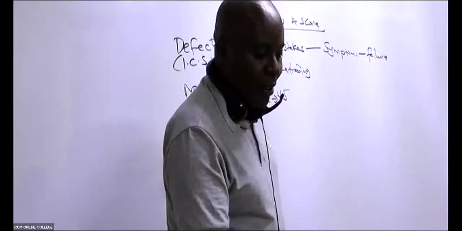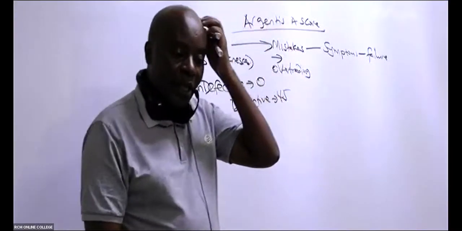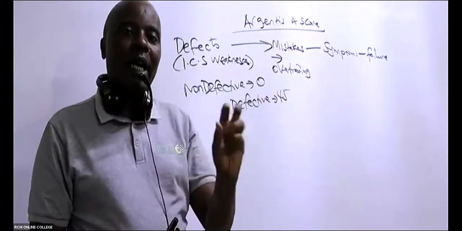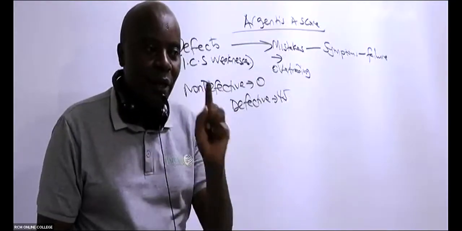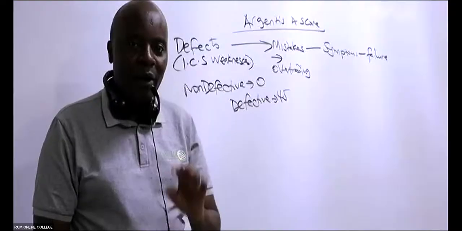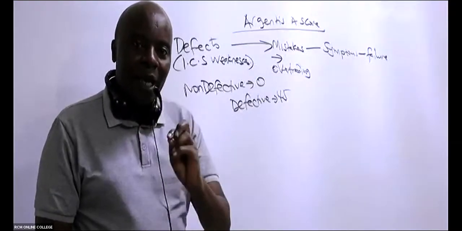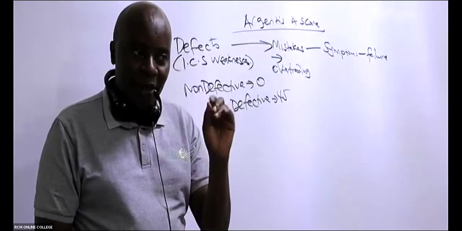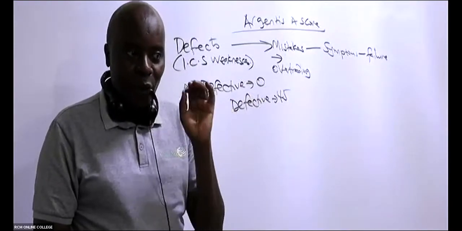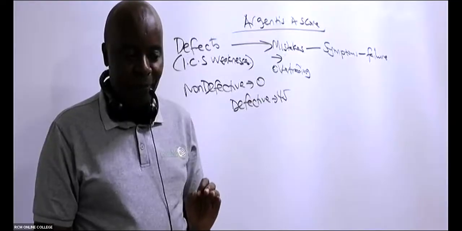The most important thing is for you to know that whenever we talk of Argenti's A-score, unlike all the other models, this is the only model that looks at how a company is performing or bankruptcy in a company using qualitative factors. They're not looking at numbers. They're looking at qualitative factors.